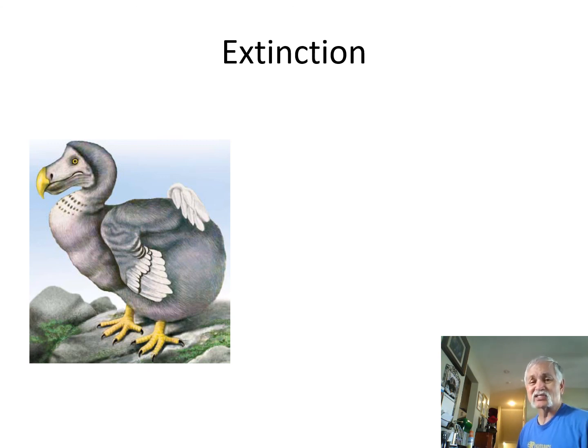Now, in some cases, it's not very noticeable, whether it's a certain type of worm or a certain type of ant or a certain type of plant that goes extinct. We tend to focus on the bigger animals. We tend to focus on polar bears and pandas and Bengal tigers and those sorts of things.